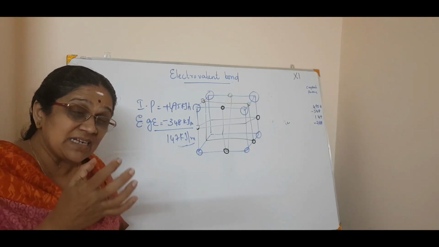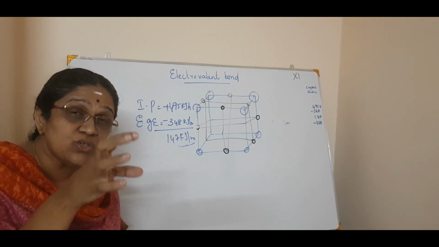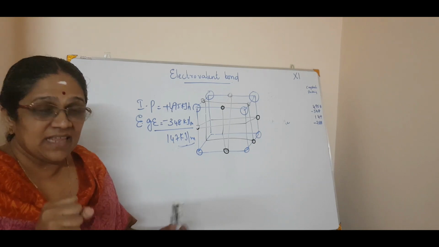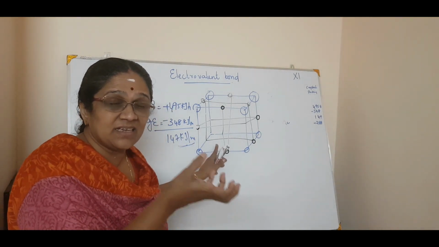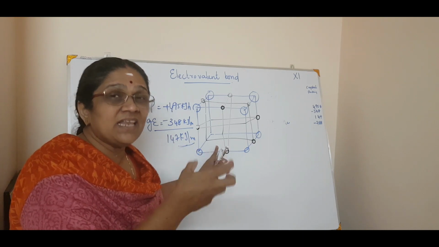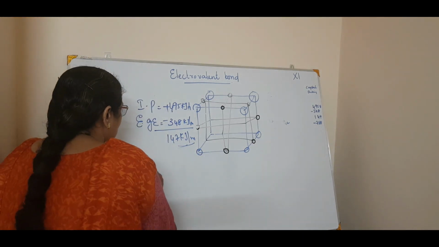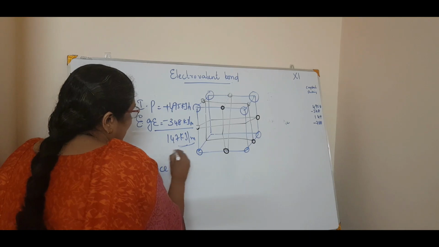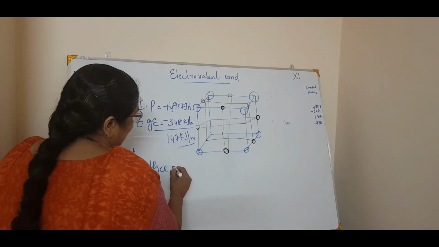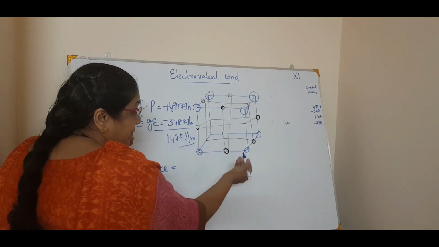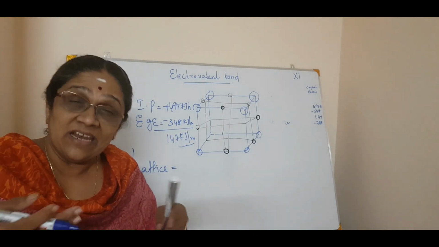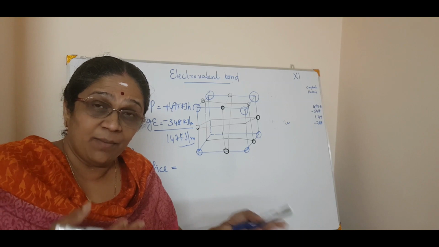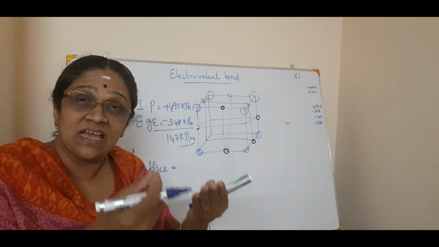Now we are considering the lattice energy also. That means the energy which is released by this NaCl crystal lattice, the formation of this NaCl, the energy is liberated because a bond is forming. Whenever a bond is formed, energy is released.